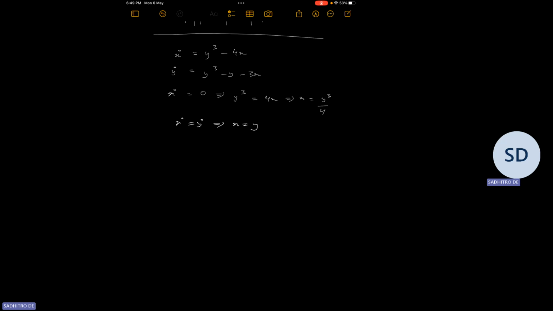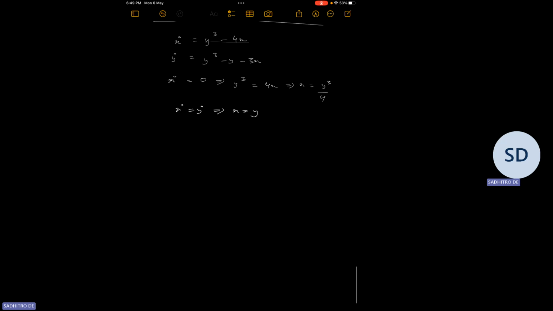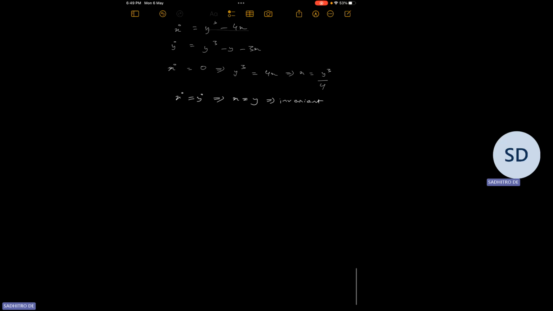You see x dot equal to y dot, then this is the equation that you get. So this basically means that if a flow starts along the line x equal to y, it will always stay on the line. So this line is basically what is known as an invariant of the flow. This is another new terminology that we come across in this term.